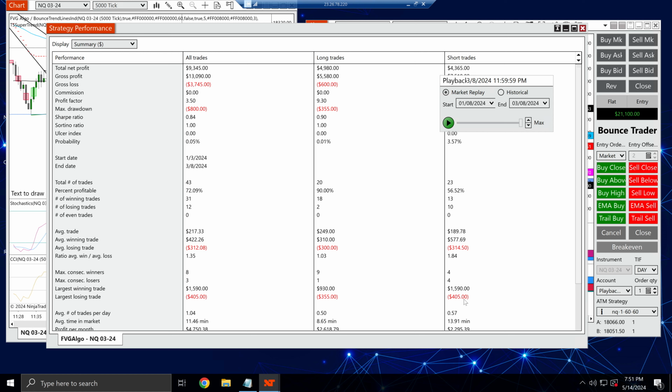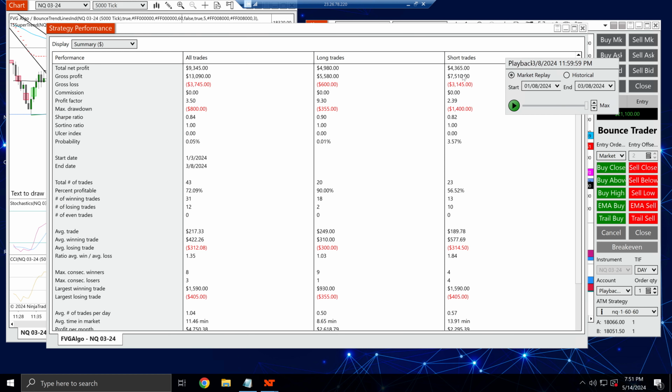It's not bad on 5,000 tick charts. Sometimes you get 500 as your biggest loser, sometimes 550, but no more than that, pretty much. There were 43 trades, 72% win, and 9 grand in profit.